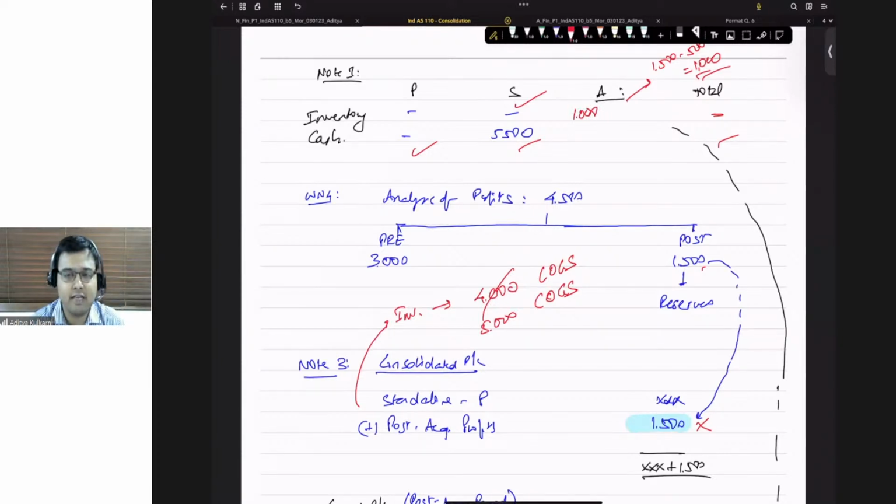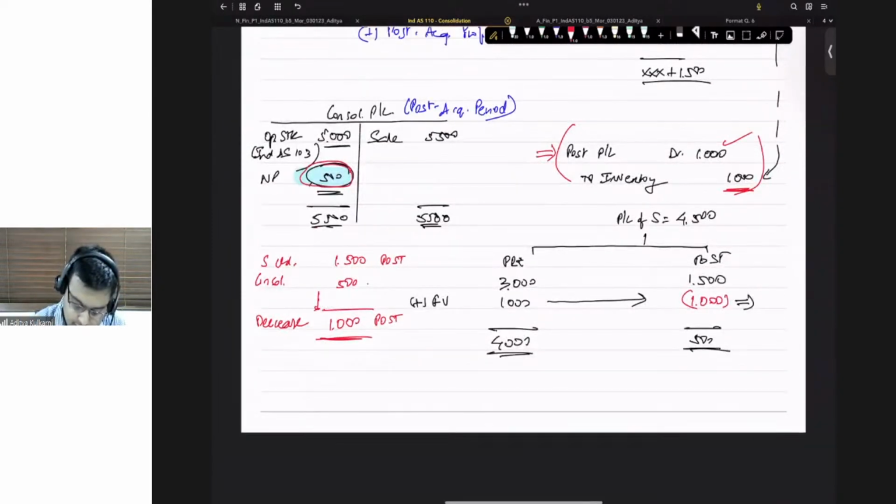On the date of consolidation, inventory is not there. How can I have the adjustment entry relating to inventory? I cannot. For obvious reasons, I cannot. So this has to be eliminated and this becomes 0. So this is going to be my post P&L account debit to inventory. This is what is going to be your impact relating to inventory. Very simple.